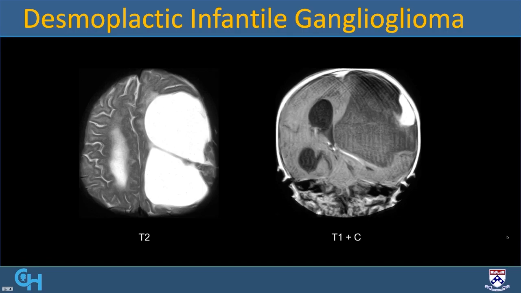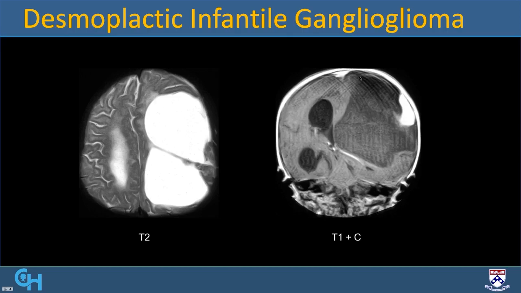Now, this is an example of the characteristic entity of DIG or desmoplastic infantile gangliogliomas. So when you notice this mass, this tumor has a large cyst component and a small enhancing, even nodular component within it.